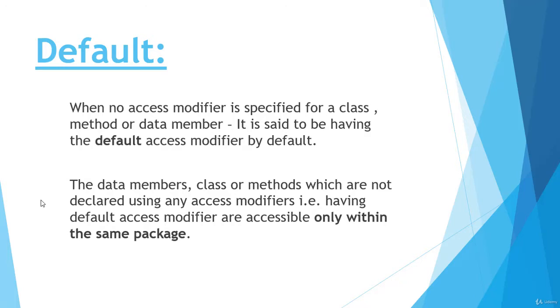When you type nothing with the class name, method or any member, then that member is considered to have the default access modifier, and the members can only be accessed in the same package. If you use the default access modifier, then we can use that member in the same package classes. So this is the default access modifier.